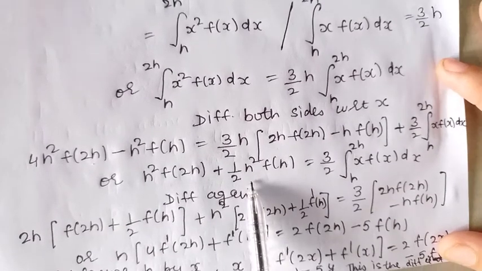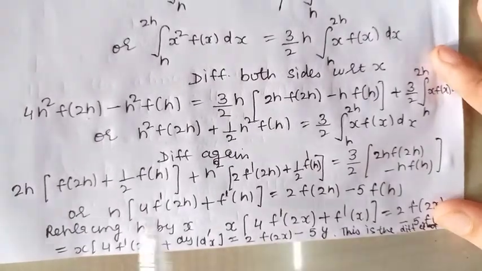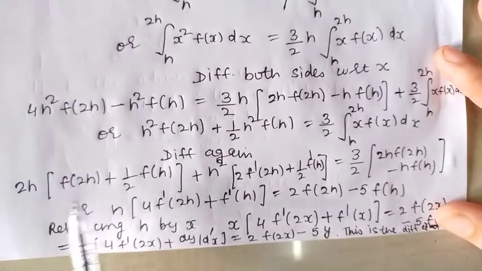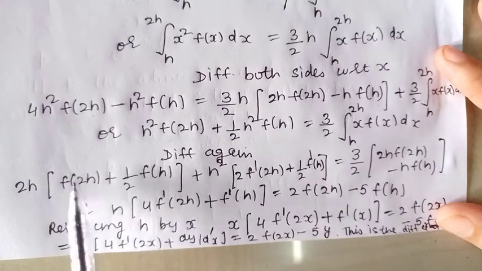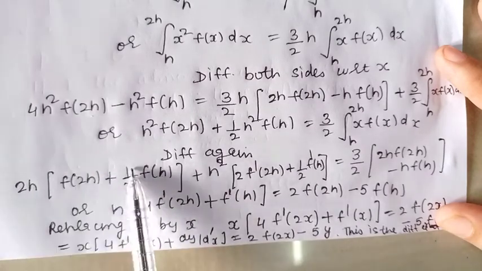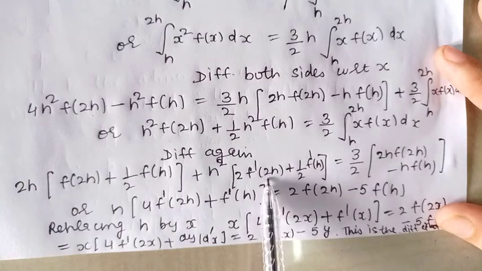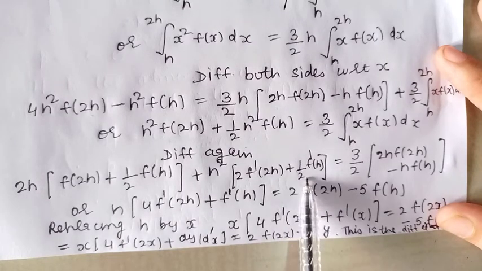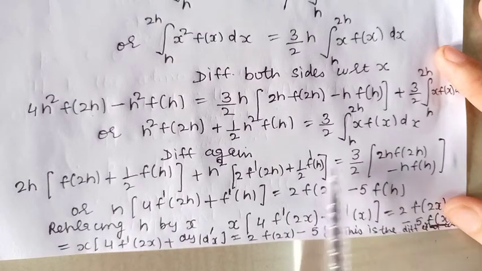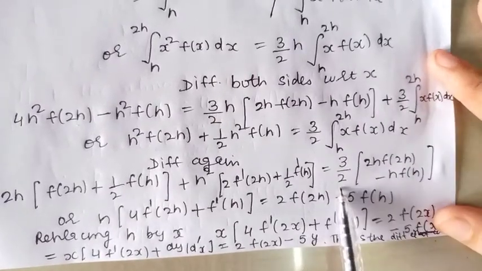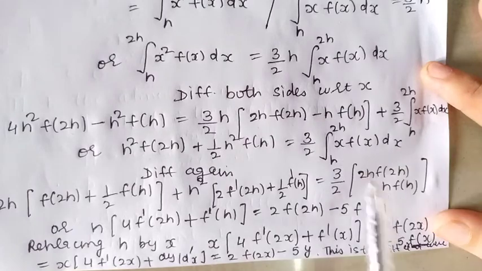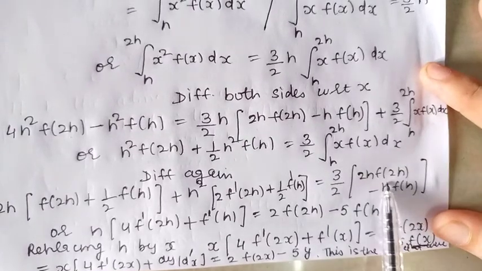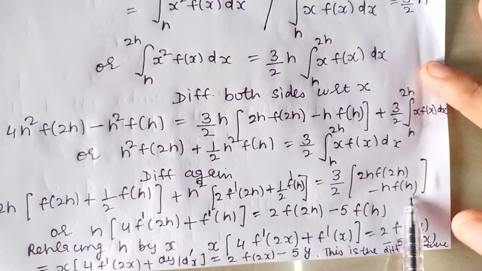So here, applying the product rule of differentiation, the derivative of h square is 2h, this expression as it is, then h square as it is, the derivative of this term will be f dash 2h into 2 plus half of f dash h. On the right side, 3 by 2 is constant and the derivative of this term will be 2h into f of 2h minus h into f of h.